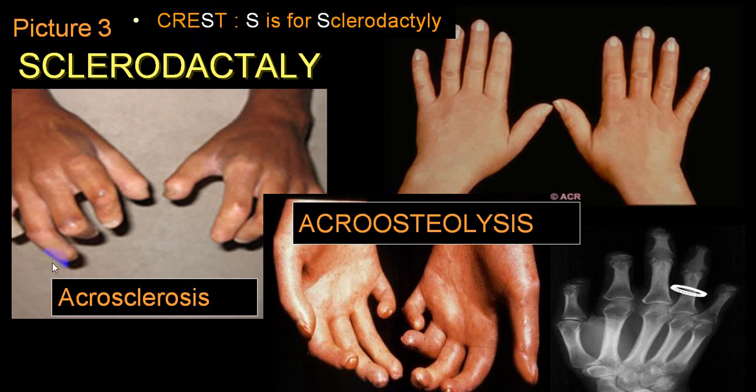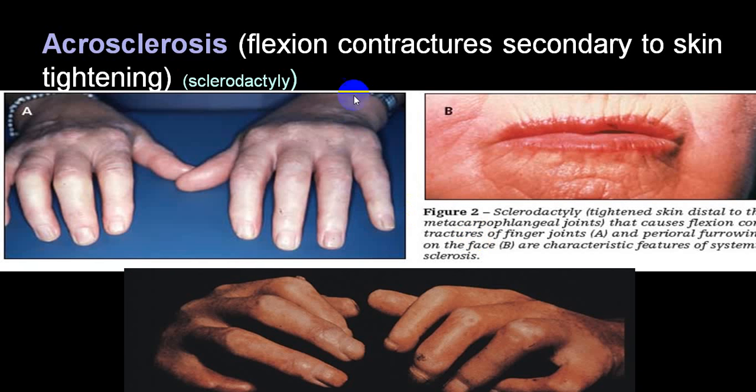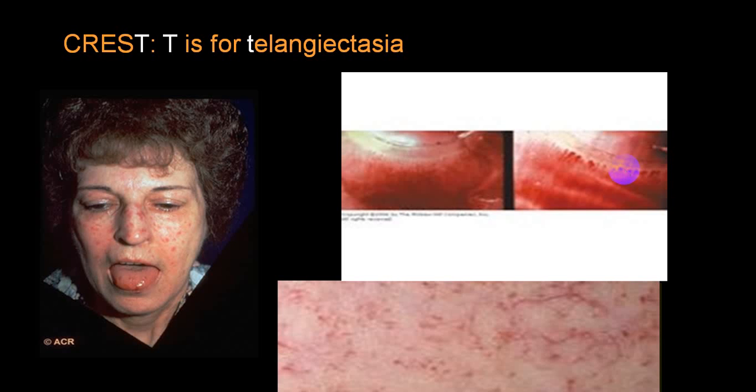S for sclerodactyly, and you will have acro-osteolysis, very typical. So flexion will be affected, contractures, even you will have an involvement of the oral skin, particularly lips, giving rise to typical difficulty in opening. And then you can have a telangiectasia, and on capillaroscopy, you will get dilated vessels with dropouts, dilated capillary with dropout, typical telangiectasia.